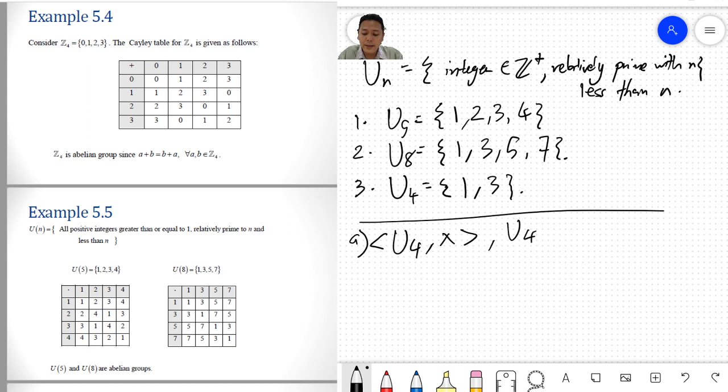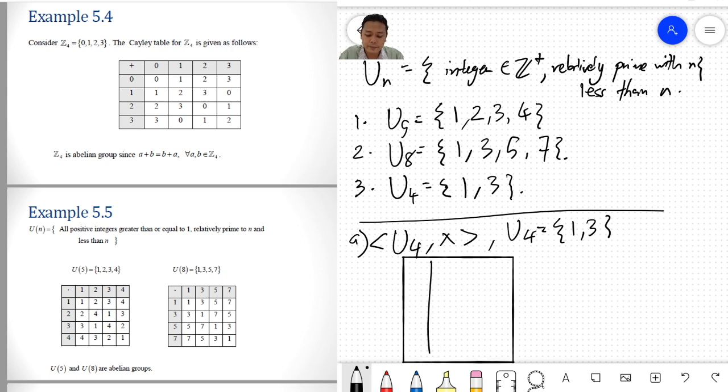You know that U4 consists of 1, 3, and in order to represent this relationship, 1, 3, 1, 3 under multiplication, how to develop it? 1 times 1 is again 1, don't forget, this 1 later you mod with 4. 1 mod 4 is 1.